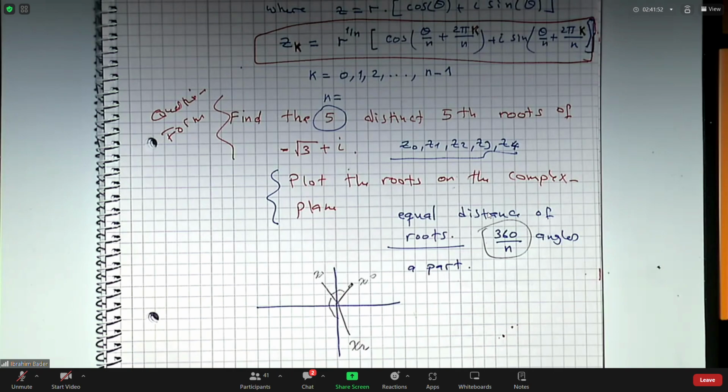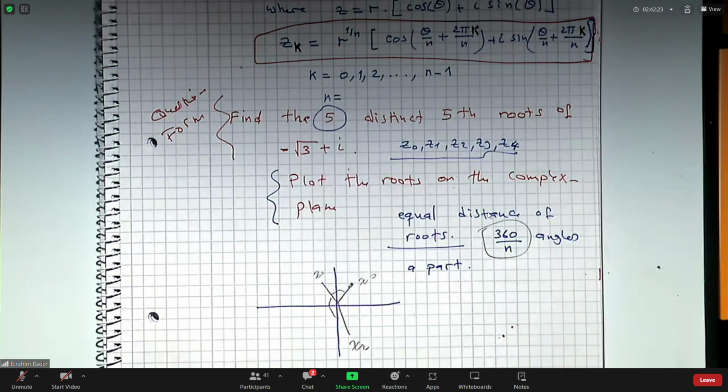This is an important thing because there is another method. You can find a starting root or an initial root, and from there, you just move this angle around to get the other roots, okay? So here, if it's 5, then you have 72, 72, 72, 72. So the five roots are evenly distributed.